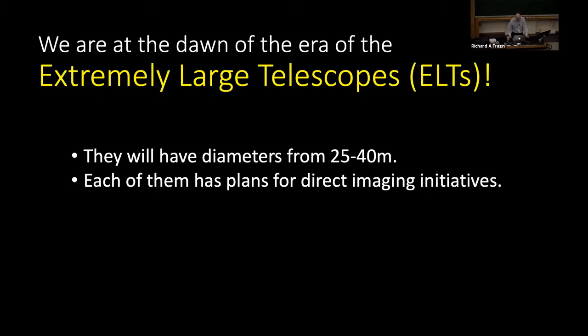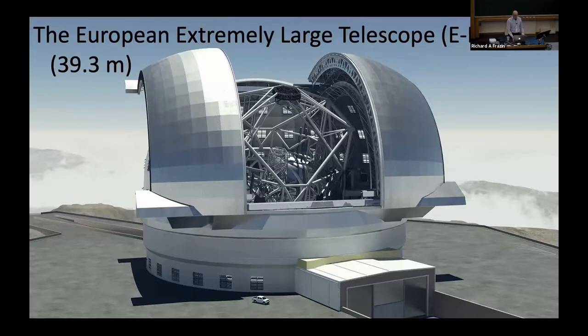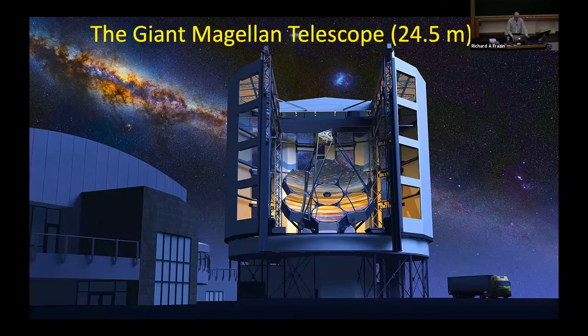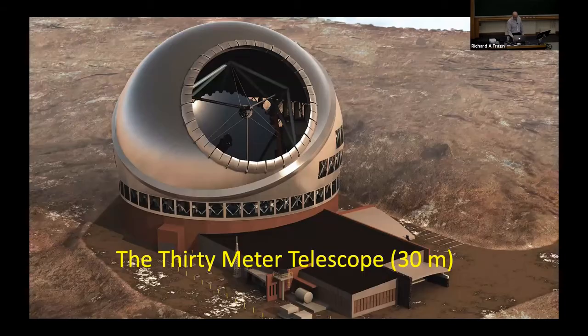Now, this is the European ELT, it will have thousands of mirror segments with a total diameter coming up to nearly 40 meters. This is the Giant Magellan with 7 segments coming up to almost 25 meters when you put them together. And this is the Thirty Meter Telescope, weighing in at 30 meters.